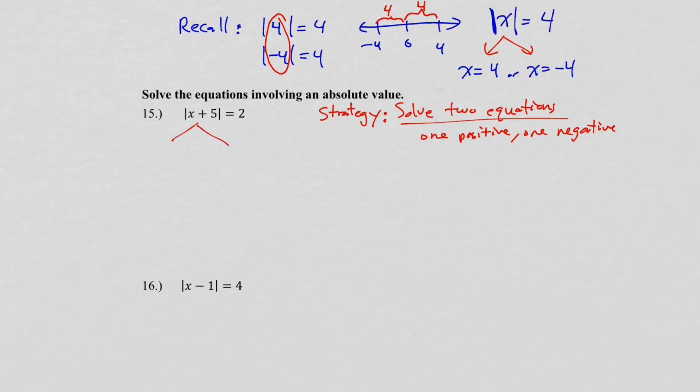So we're going to just say, okay, x plus 5 equals 2. That's the positive version. And then the other one is x plus 5 equals negative 2. That's the negative version. And we solve each of these.